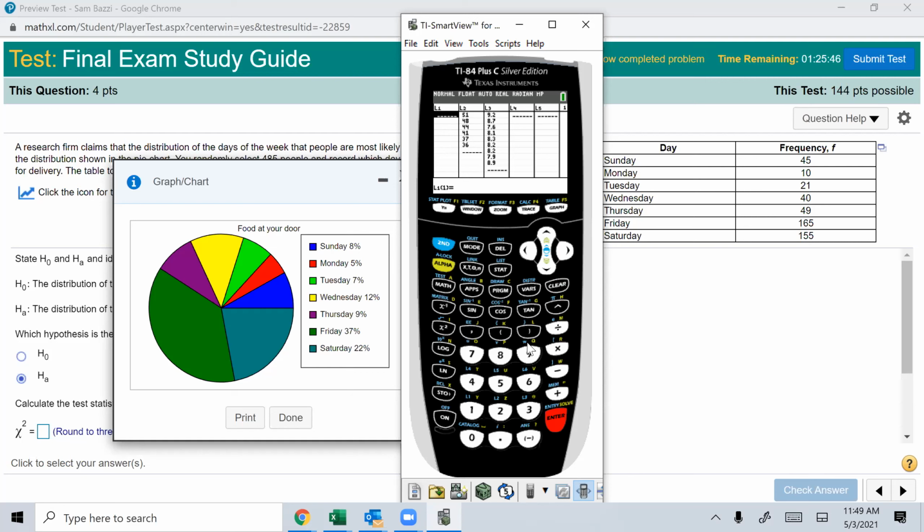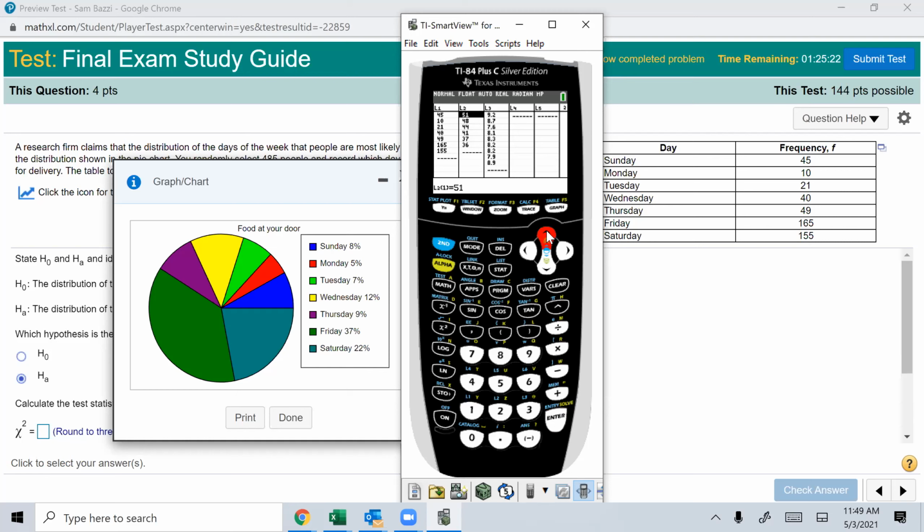So L1 is already ready for you. We're going to put 45, the 10, the 21, the 40, the 49, 165, 155.